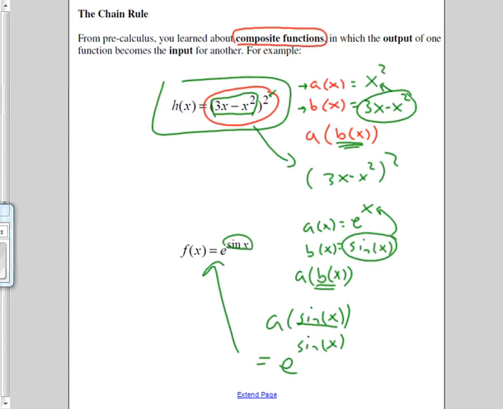So what we're going to need to be able to do is take these composite functions and figure out what's the outer function, what's the inner function, what's the composition of these functions. This is a skill that you've done in pre-cal, you know how to do, but now we're going to add some calculus onto it.